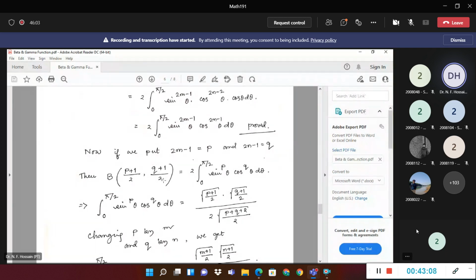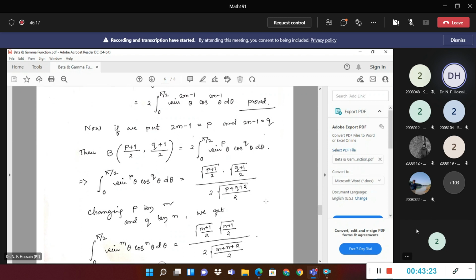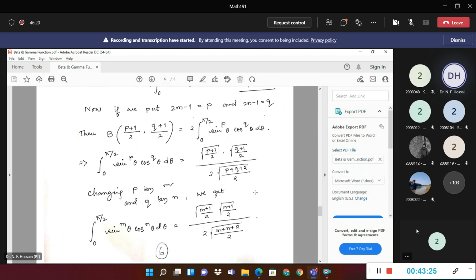And using the relation beta mn equals to gamma m into gamma n divided by gamma m plus n, in place of m, let us write p plus 1 by 2, and in place of n, let us write q plus 1 by 2. So you are getting this relation. Gamma p plus 1 by 2 into gamma q plus 1 by 2 divided by 2 into gamma p plus q plus 2 divided by 2.